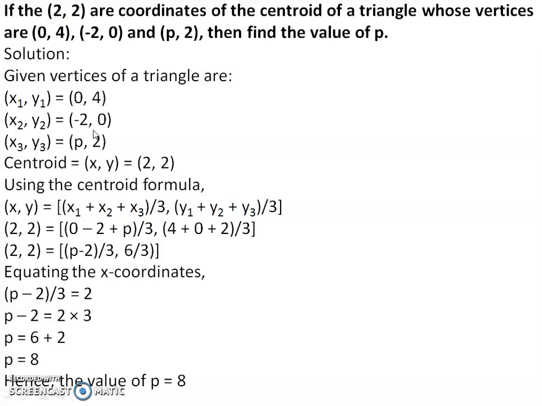So what is that? (0 plus negative 2 plus p) by 3 is equal to 2. Now you will get finally p is equal to 8.